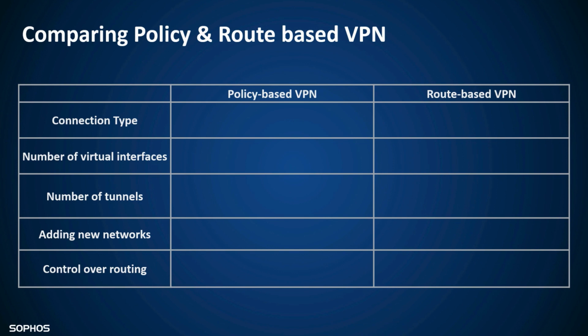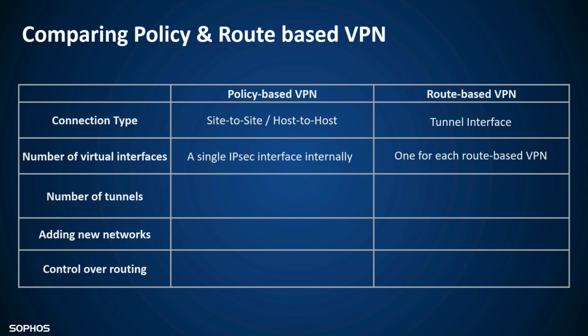So let's compare policy versus route-based. Policy is site-to-site or host-to-host, whereas route-based is VPN. These are commonly referred to as site-to-site for policy-based and tunnel interface for route-based.